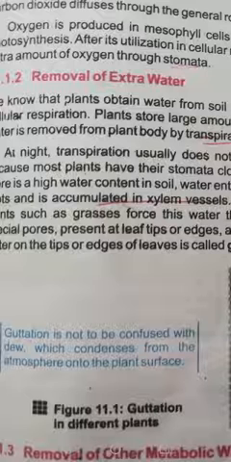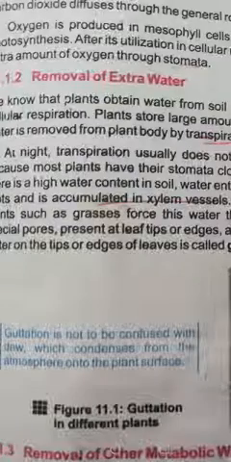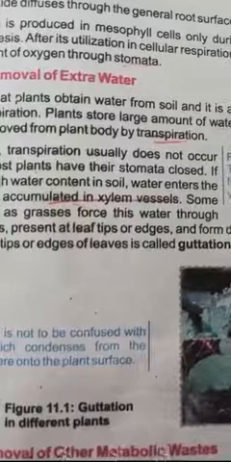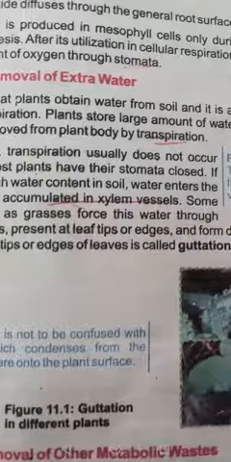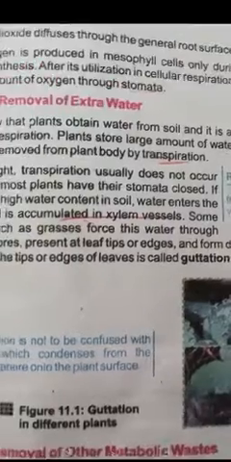Water condenses from the atmosphere and then dew is formed, mostly on plant surfaces early in the morning. Guttation is the removal of extra water from the leaves or edges of some plants. This is different from condensation. You should not confuse between these two.